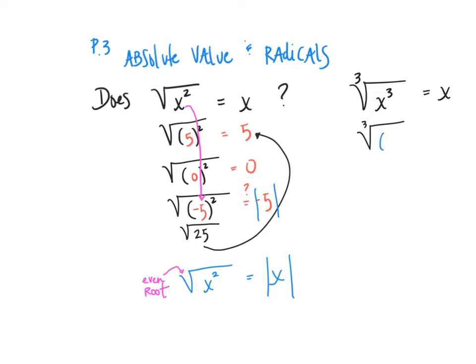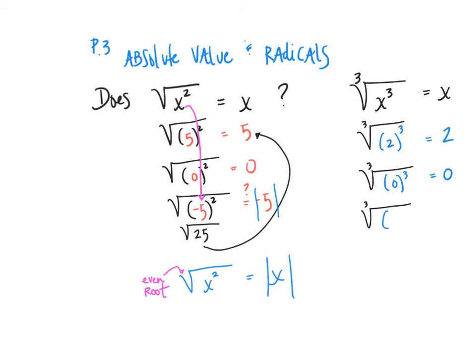Let's plug in 2. If you have the cube root of 2 to the third, do you get 2? And you do. What about if you take the cube root of 0? Are you going to end up with 0? You are.